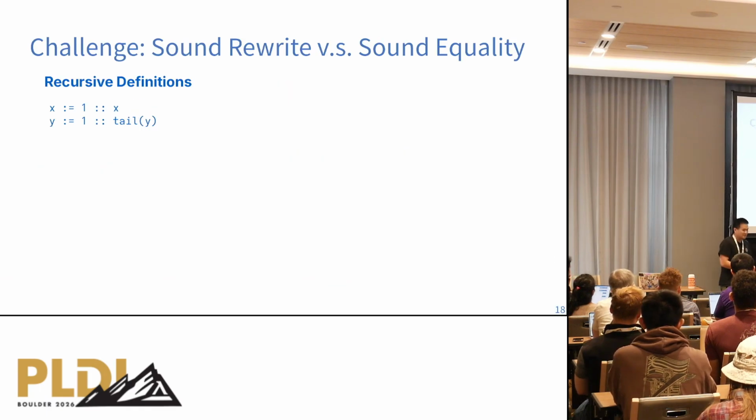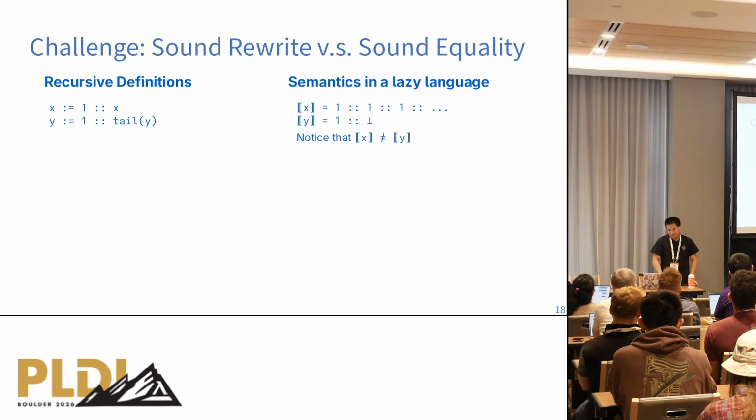This turns out to be incredibly hard. So the first challenge is sound rewrites versus sound equalities. Here is a recursive definition where x equals 1 cons x and y equals 1 cons tail of y. If you write this in Haskell, x will actually give you an infinite stream of ones.